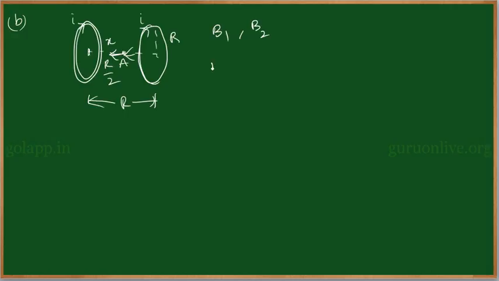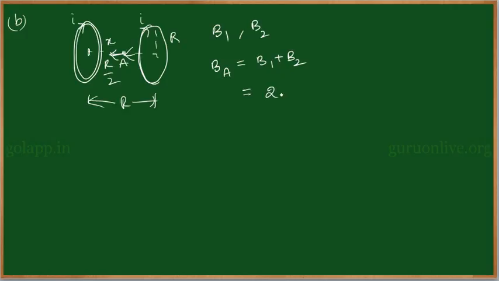So the total magnetic field at A is equal to the sum of B1 plus B2. Both are same because coil current is same and radius is also same, and the distance that you are considering from the coil is also same.